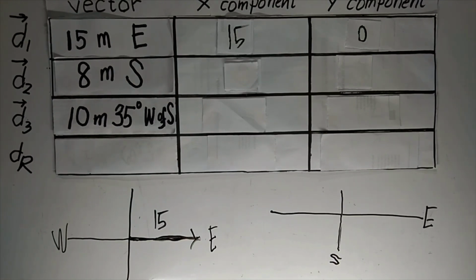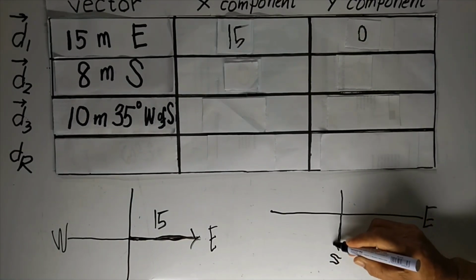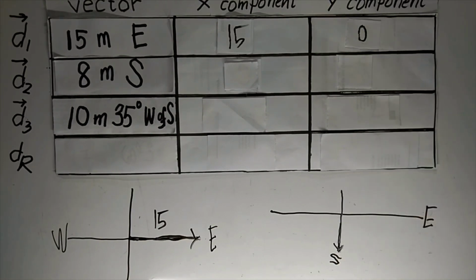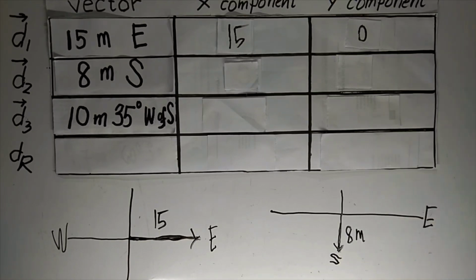We'll now proceed to displacement 2, which is 8 meters going south. So the vector will be this one, and it is 8 meters going south.